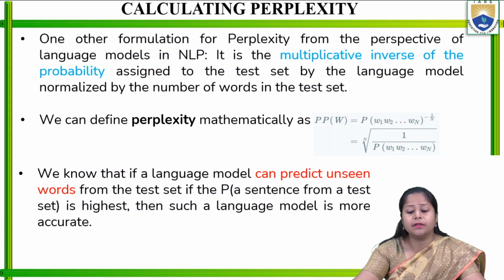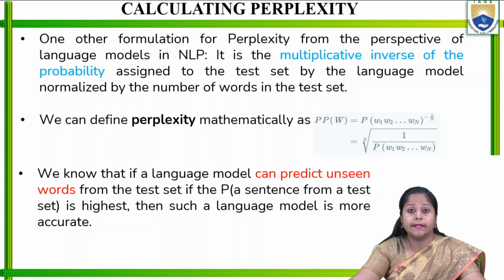Another formulation for perplexity, from the perspective of language models in natural language processing, is the multiplicative inverse of the probability that the language model assigns to the test set, test corpus, normalized by the number of words in the test corpus.